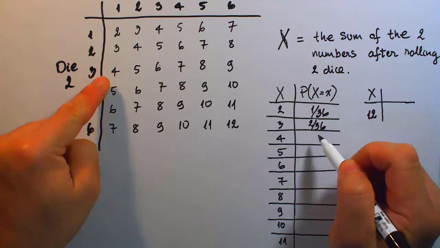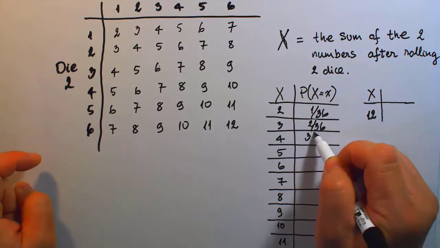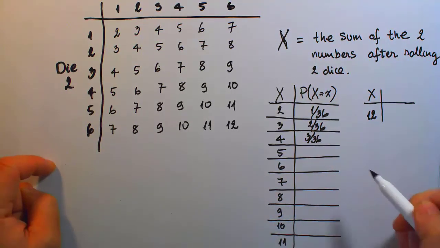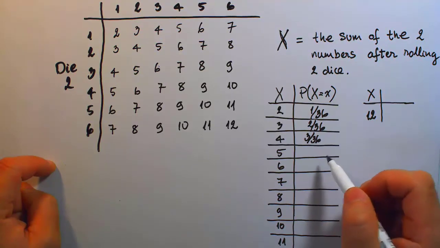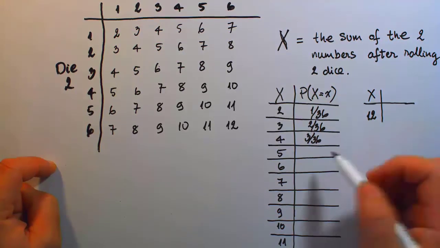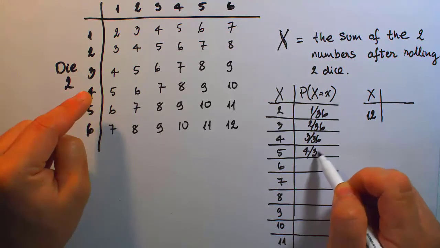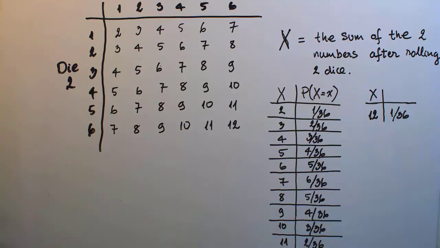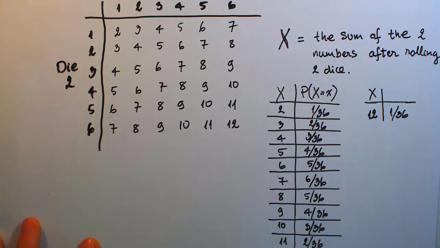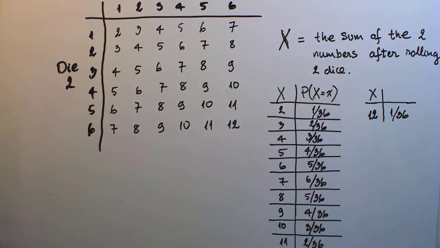And for the 4s right here, there are 3 out of 36, and so on, and we don't really need to reduce the fractions. And then 5, there are 4 out of 36. And so now, these are all the probabilities listed for the corresponding values of our x representing the sum of the two numbers after rolling the dice.